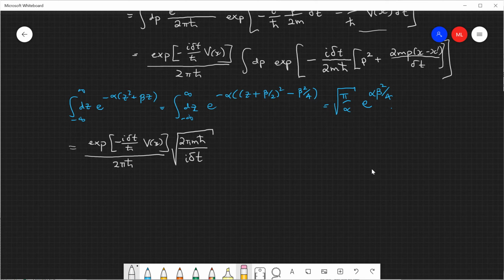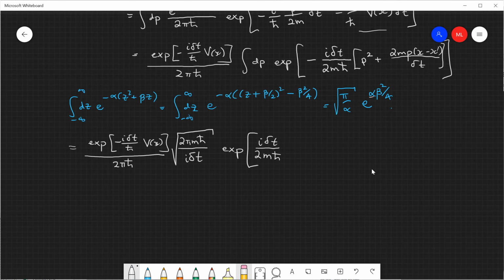And then we have the leftover exponential from that linear term that we took care of using completing the square. And that term is i delta t over 2 h bar. That's this alpha part.